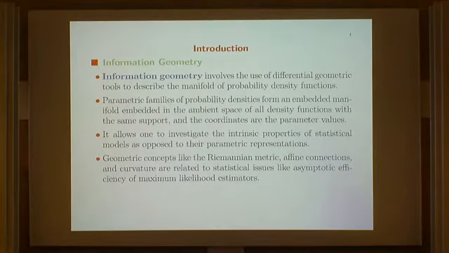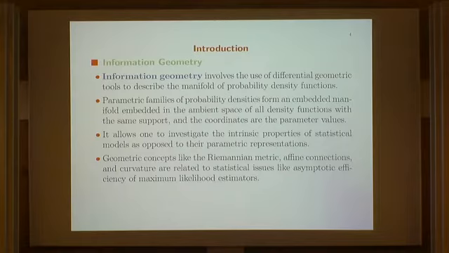Okay, so the way we're going to approach this is we're going to try to bring together three different things. One of which is information geometry, which is the use of differential geometric tools to describe the manifold of probability density functions. The basic idea behind this is that if you want to do learning, it's oftentimes the case that you can think of learning problems as some sort of optimization problem over the space of probability densities.